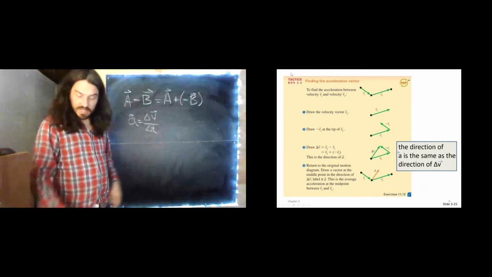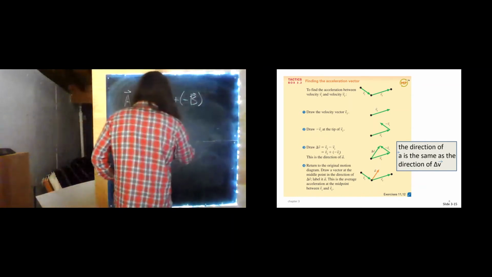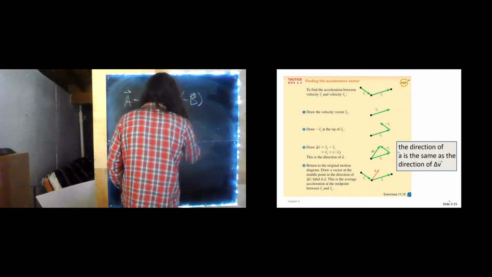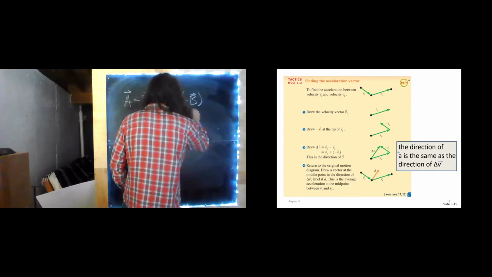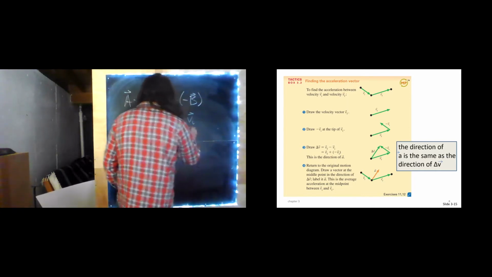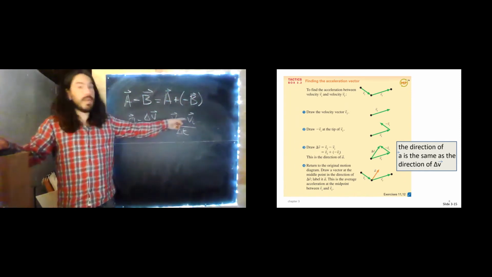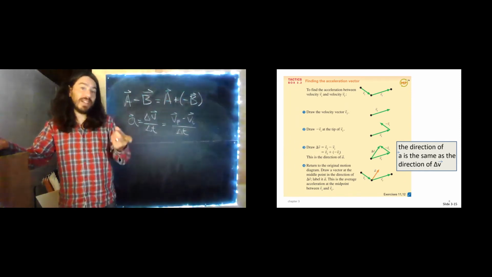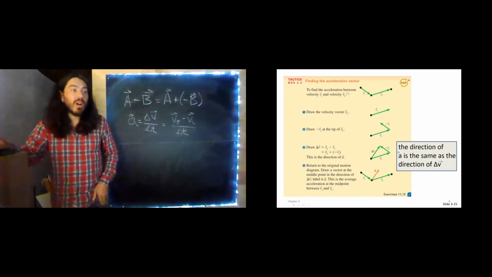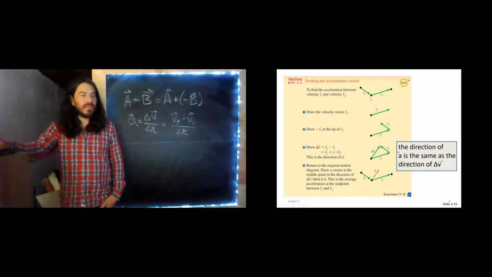Well, what is a change in velocity? Well, change in anything is v final minus v initial. So if we're talking v final minus v initial, we're talking vector subtraction. So, looking here, what if we've got some v initial here and some v final here?